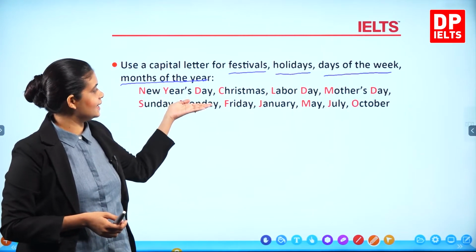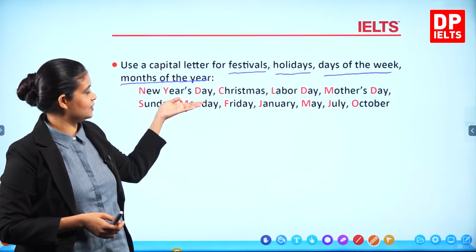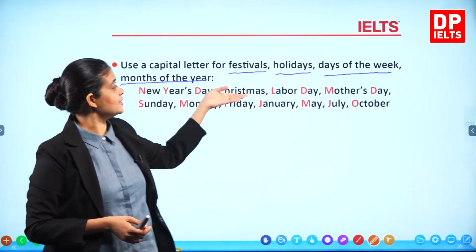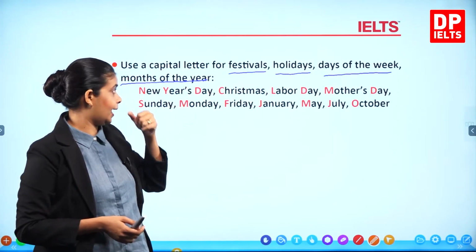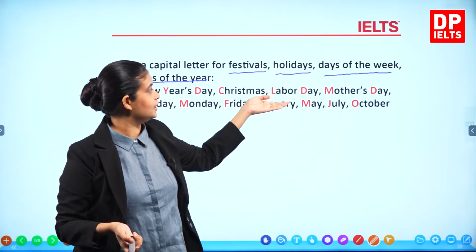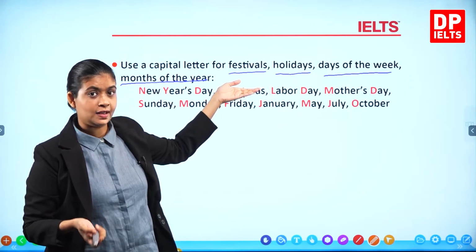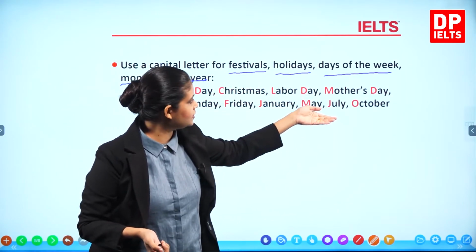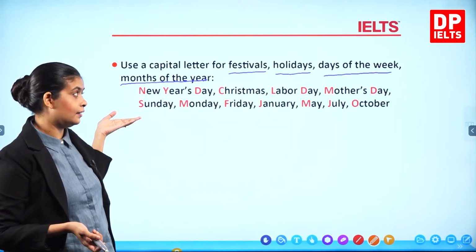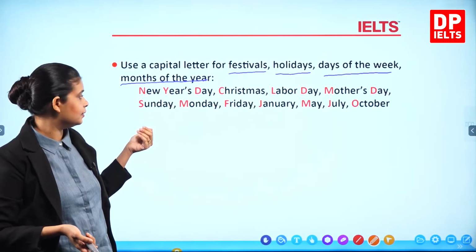New Year's Day. Okay, so that is a holiday. Christmas is a festival. Labor Day is a holiday. Okay, special holiday. Mother's Day is a special holiday. Sunday is a day of the week.